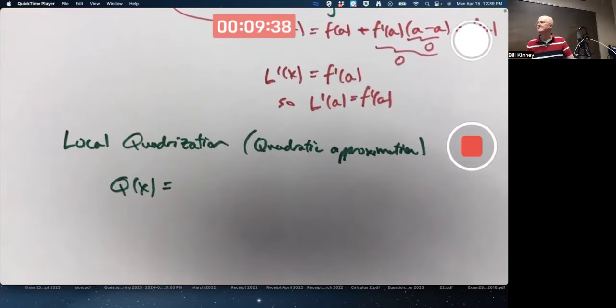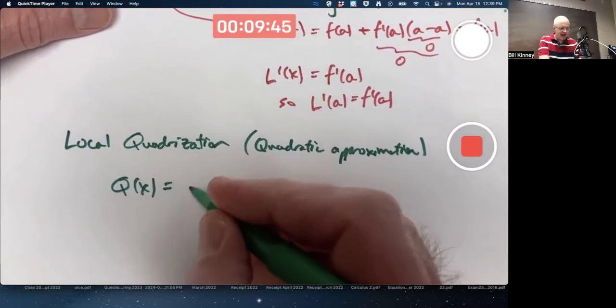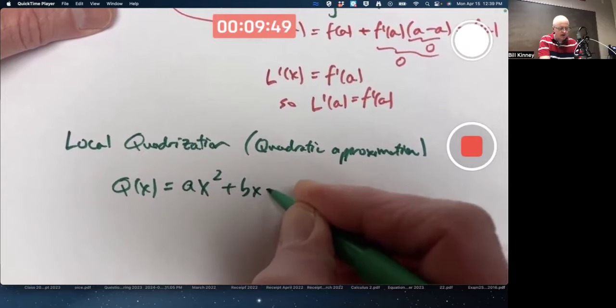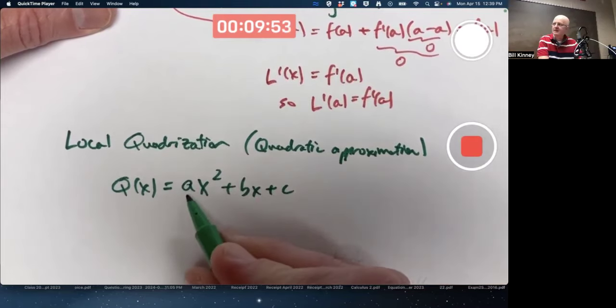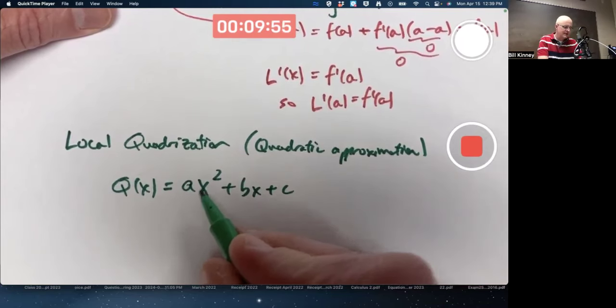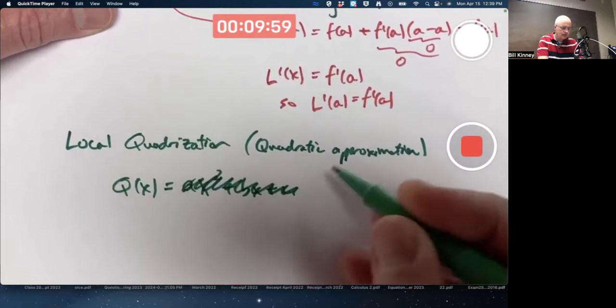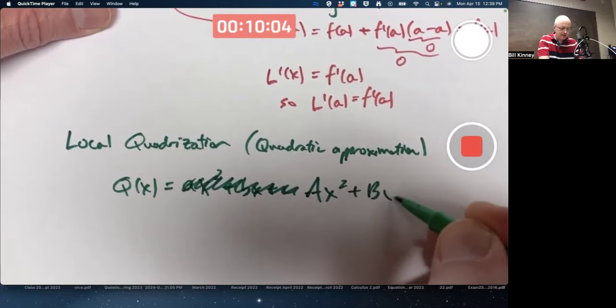Q for quadratic. What should we do? Well, maybe initially you write it as a typical kind of quadratic, ax squared plus bx plus c, although maybe I should use capital letters because that a is not the same as the other a. Let's use capital letters. Capital A x squared plus capital B x plus capital C.